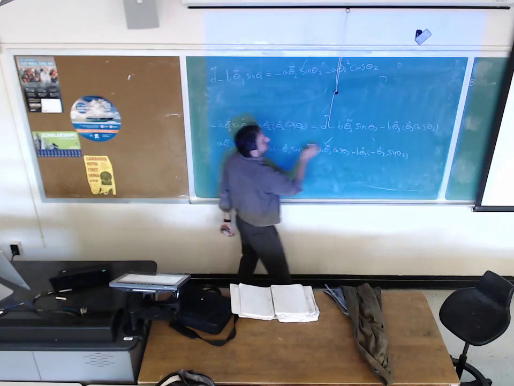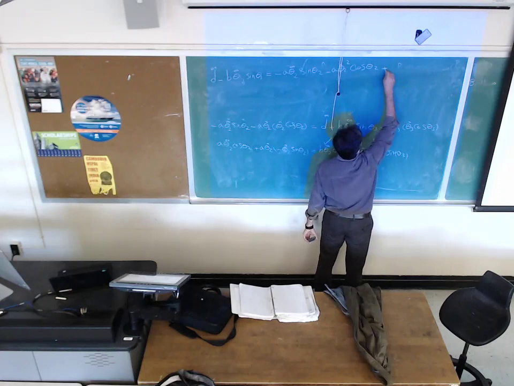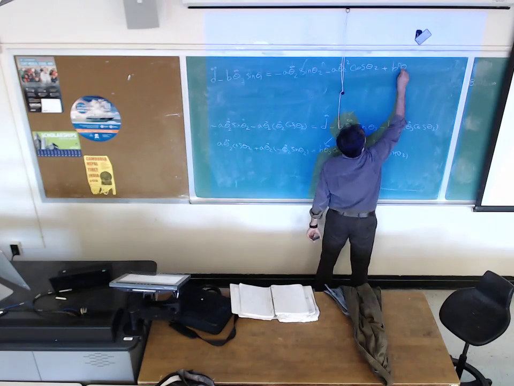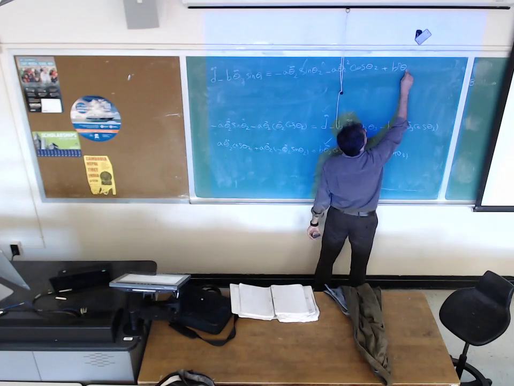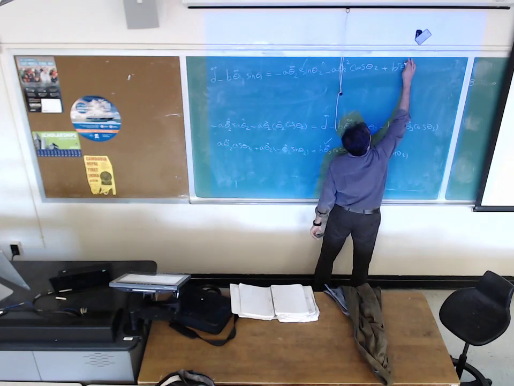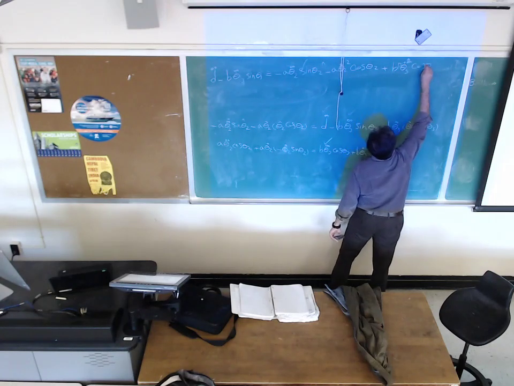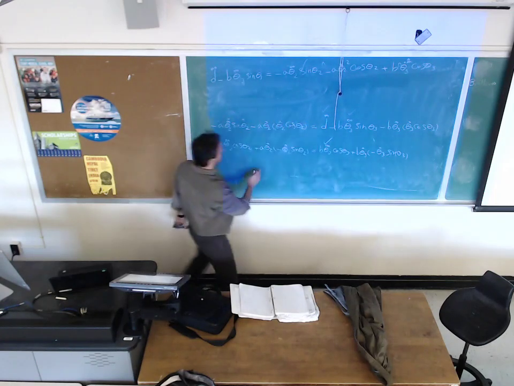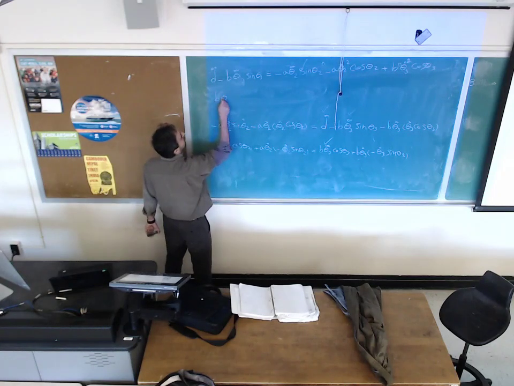If I move this to the left side, it's going to be positive, and this multiplied by this is going to be A theta dot 2 squared cosine of theta 2. And in the second equation, this is the only term that I have as unknown.